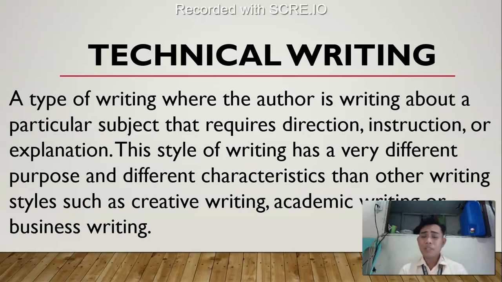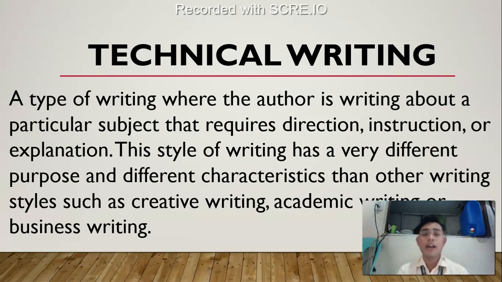Always remember that technical writing is straightforward, with easy to understand explanations and instructions dealing with a particular subject. It is an efficient and clear way of explaining something and how it works.